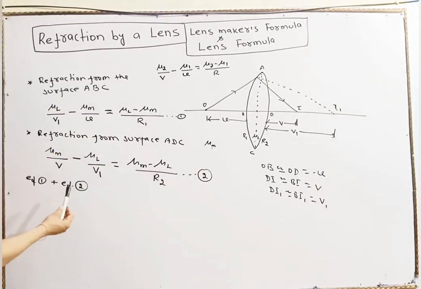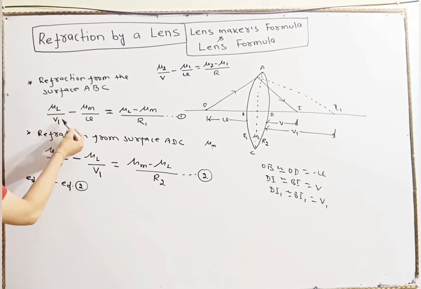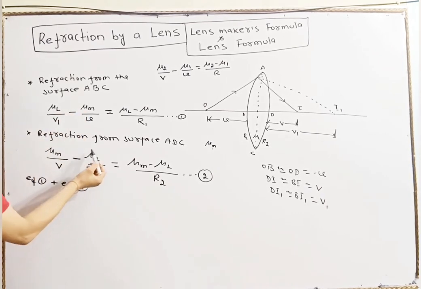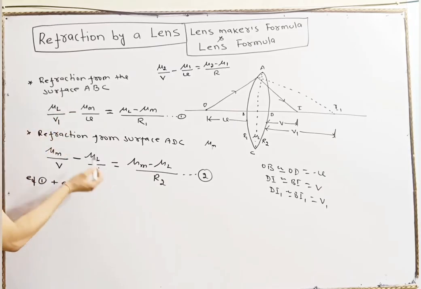Now add equation 1 and equation 2. See, here is mu L upon V1 and here is minus mu L upon V1. They cancel out.